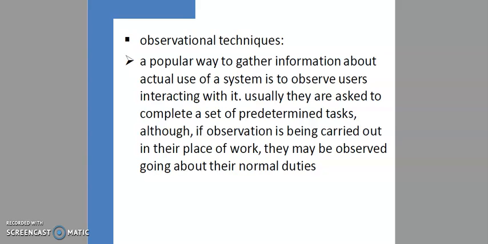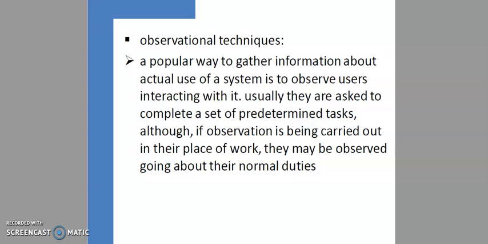Observational technique, a popular way to gather information about the actual use of a system, is to observe users interacting with it. Simple observation is sufficient to determine how well the system meets the user requirements, though it does not always give insight into their decision processes or attitude.